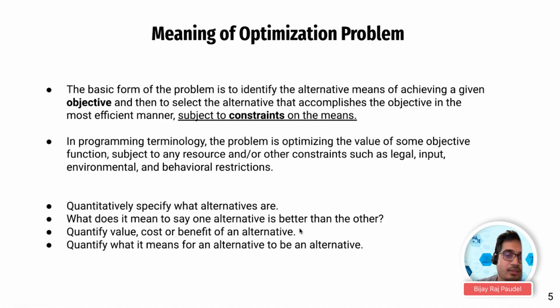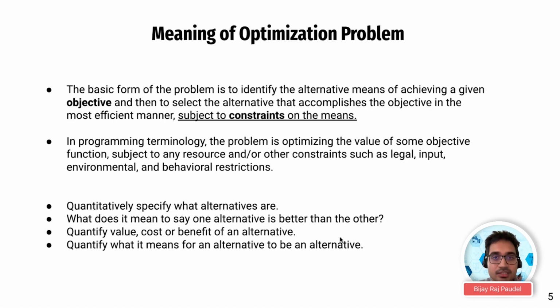And when you choose one alternative, you have to be able to quantify its value, cost, or benefit, or some other measurable parameter. This is just repeating the second bullet. And finally, you need some kind of constraint or bounds to define what it means to be a feasible alternative.